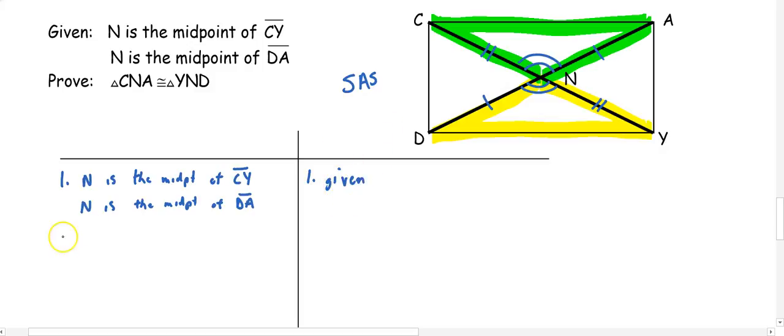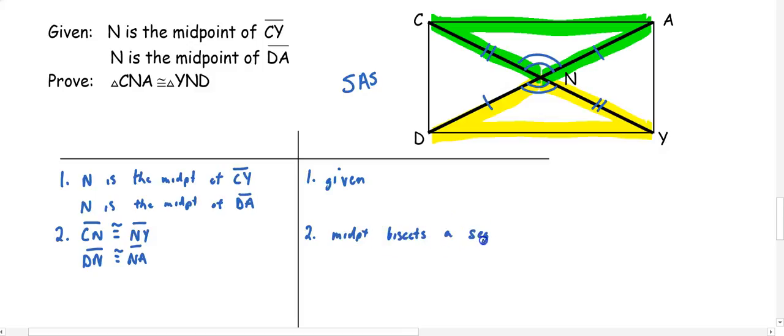So in step two, I'm just going to say that CN is congruent to NY and DN is congruent to NA because it's the same reason that midpoint is bisecting that segment. So our reason here is that a midpoint bisects a segment into two congruent parts.